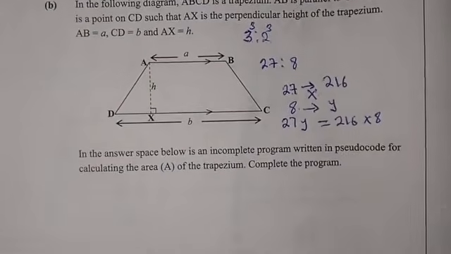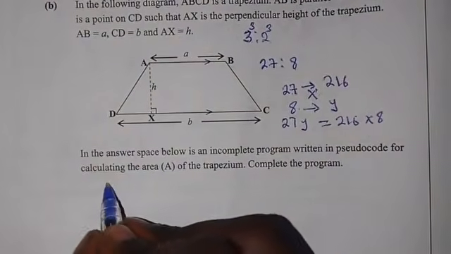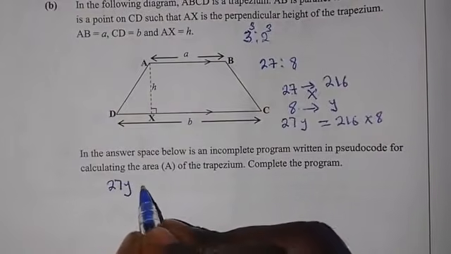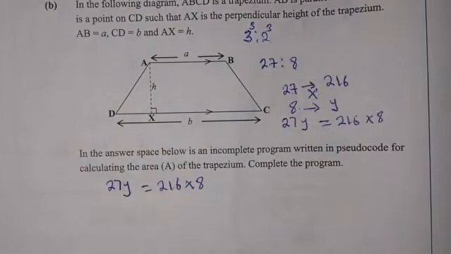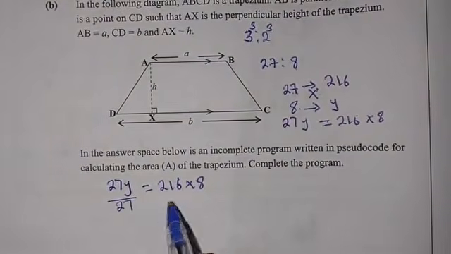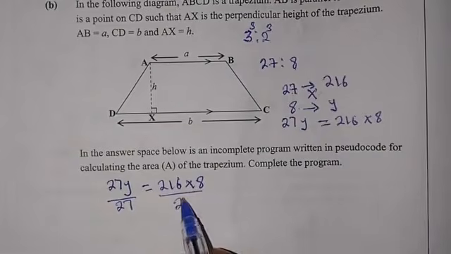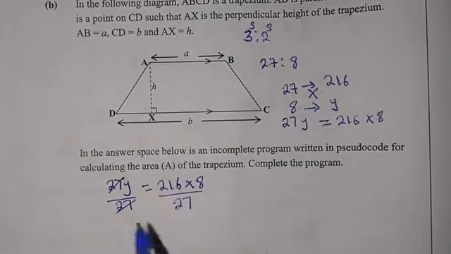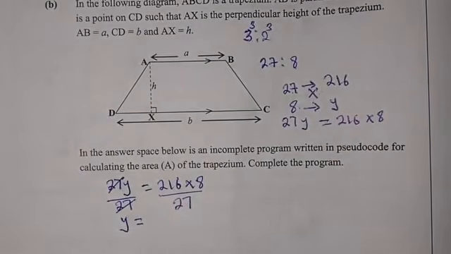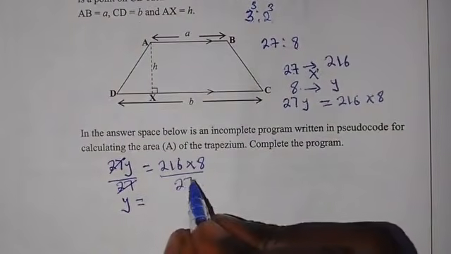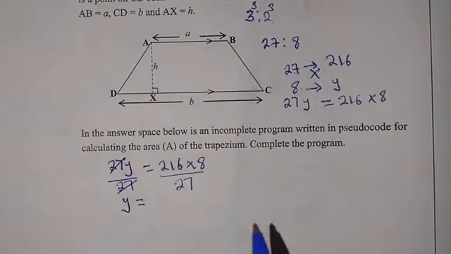Okay, so I hope this is clear. I'll continue from here. So we have 27y is equal to 216 times 8. So we need to find the value of y. So we are going to divide here by 27. Even this side we divide by 27, so that this and this will cancel. You remain with y equal to. Okay. So from here, since this is paper 1, there's no need for you to use a calculator.